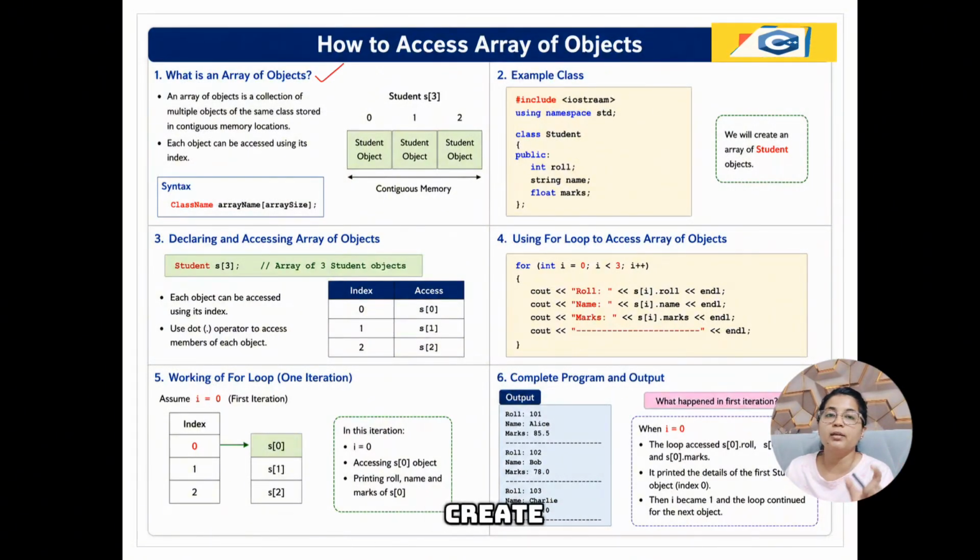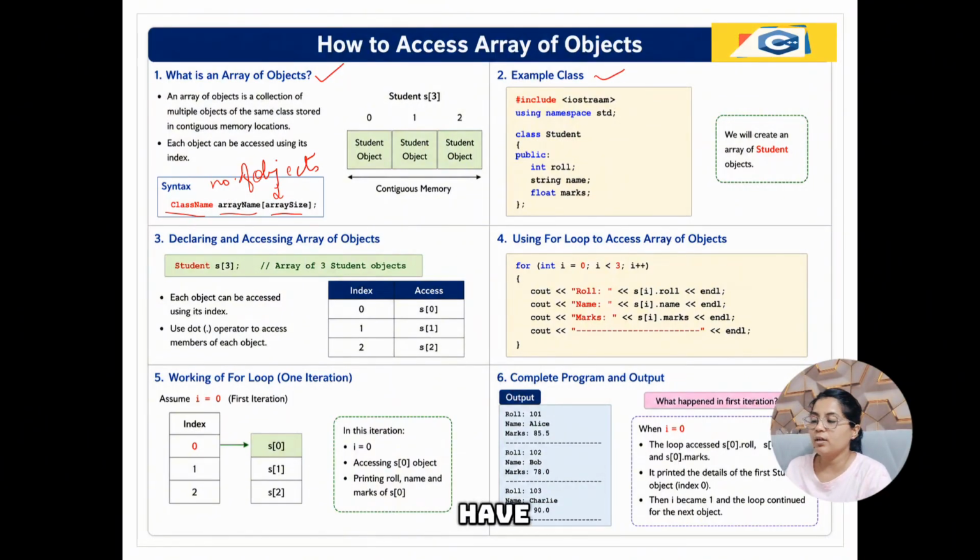We need to create an array of objects. The syntax is class name, array name, and the size. Size will be how many objects you want to create, the number of objects.